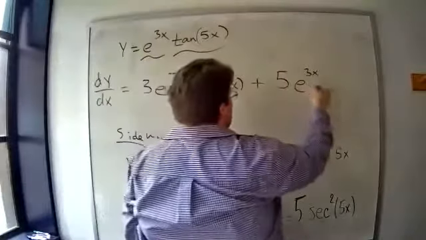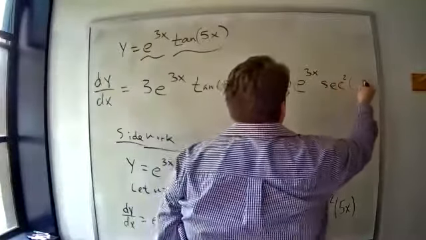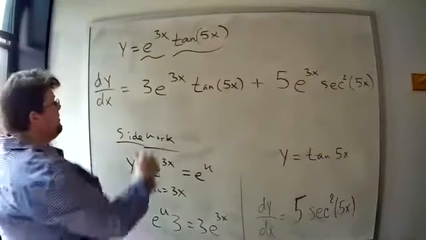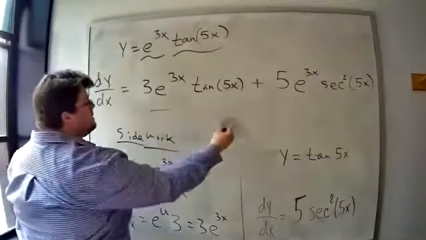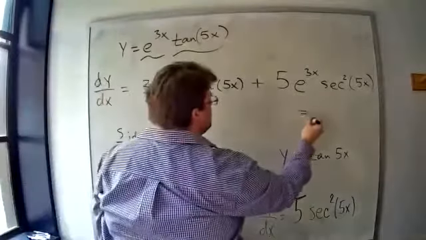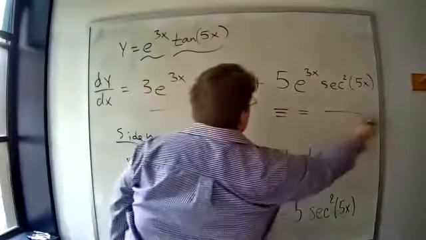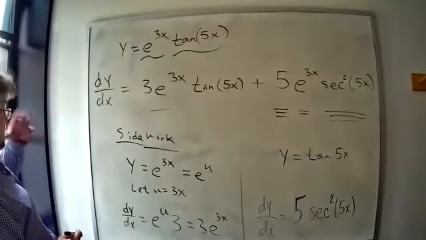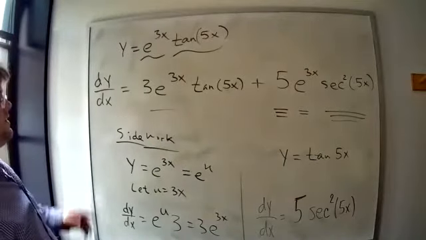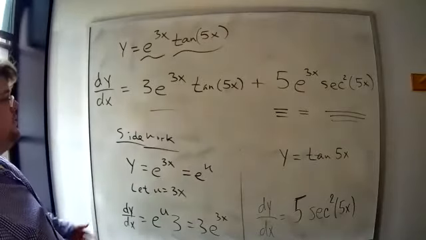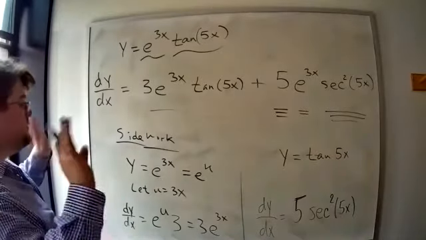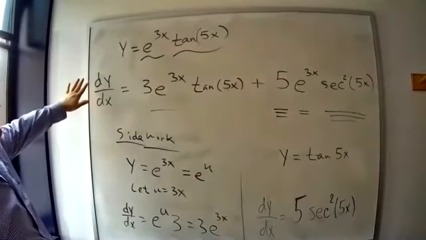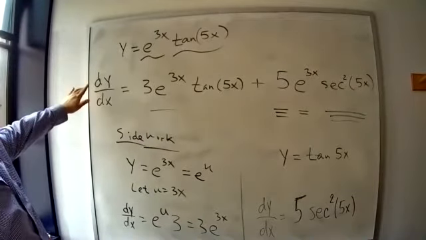So I'm going to put the 5 out front. So here we have derivative of the first times the second plus the first times derivative of the second. And again, you don't have to simplify it. Like you can pull out any of the three. Don't worry about that. But any questions about this one?